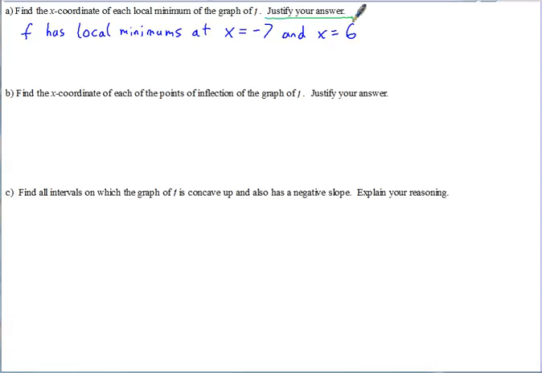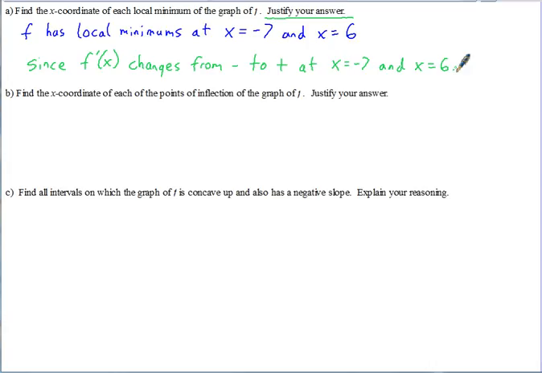We justify these in the same way as when we had the equation of the first derivative. You have to refer to the first derivative: since f prime of x changes from negative to positive at x equals -7 and x equals 6. You have to specify where it changes. That would be your answer with your justification.